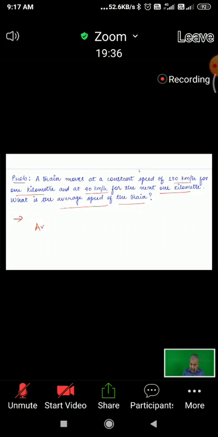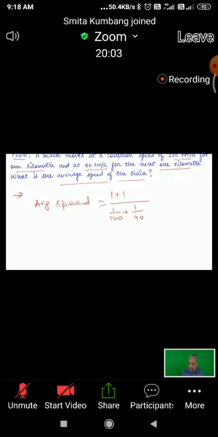So you can write like this: average speed equals total distance traveled, 1 kilometer plus 1 kilometer, over time taken. For the first 1 kilometer, the speed is 120 kilometer per hour, so time taken will be 1 by 120, distance by speed. For the next 1 kilometer, speed is 40 kilometer per hour, so the time taken will be 1 by 40. Just calculate this.